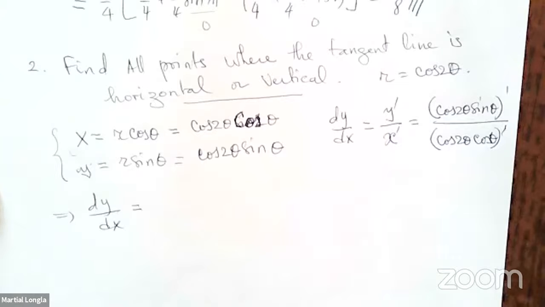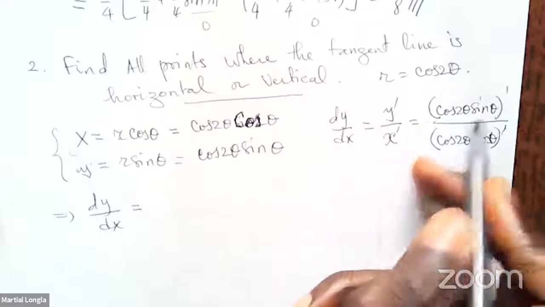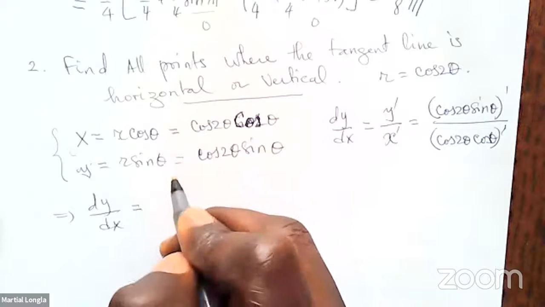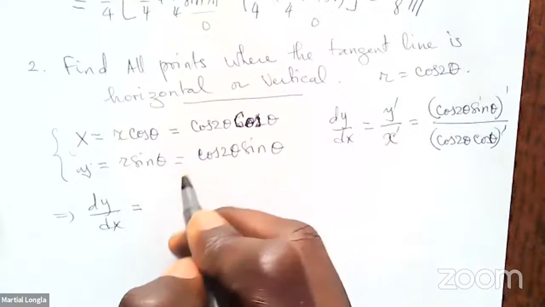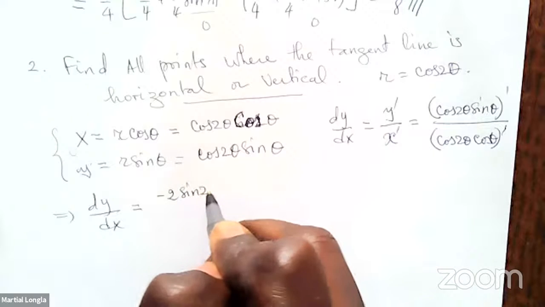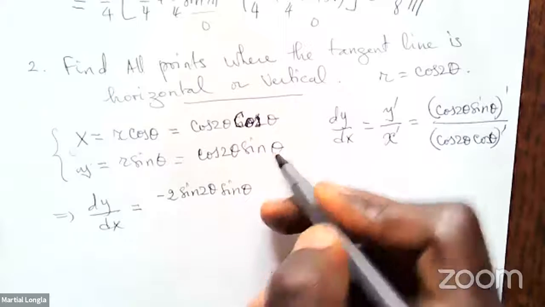And how do we find the derivative? This is a product. So we use the product rule. Derivative of cosine is going to be -2 sine 2 theta sine theta.